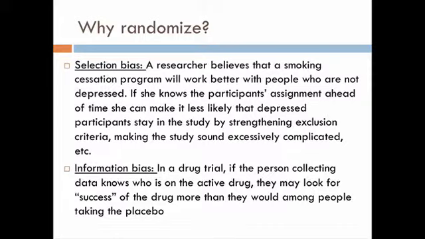And that sort of digging or extra attention to people they know got an active drug or a placebo is going to mess up your findings, right? You're going to be more likely to see a certain outcome in one of your groups than the other. It's going to be just a byproduct of you looking, not an actual difference in actual disease states in your two groups, and you're going to end up with a wrong answer.